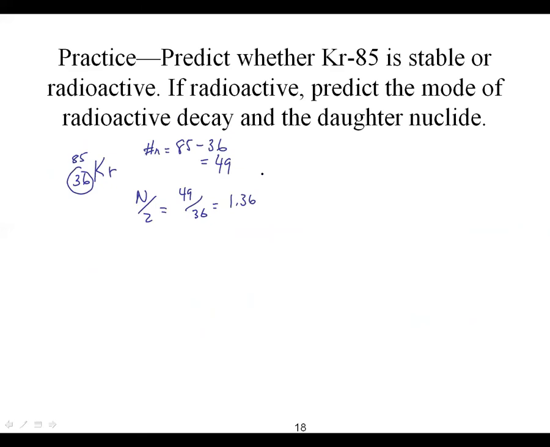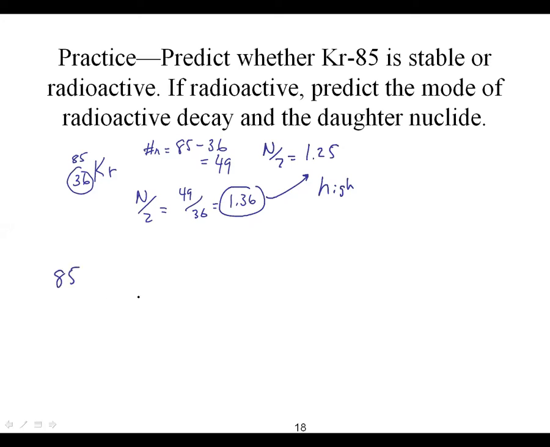So an acceptable stable ratio was 1.25. So in comparison here, we are too high. And when we are too high, this guy will go through a beta decay. And that means that we would have krypton 85, 36.